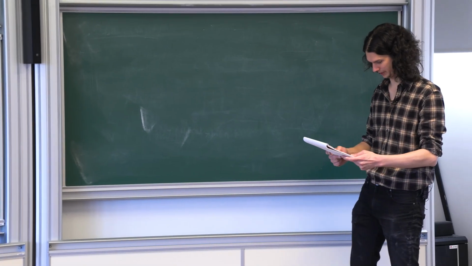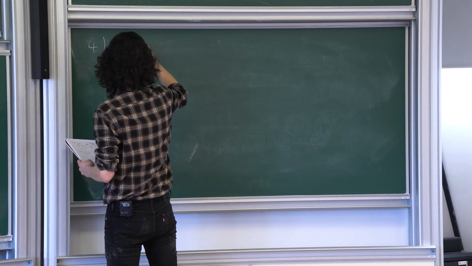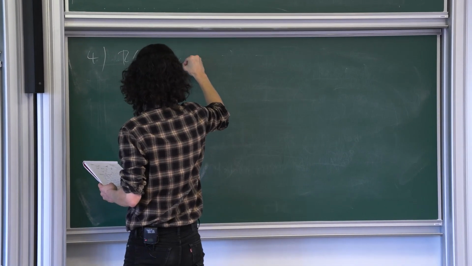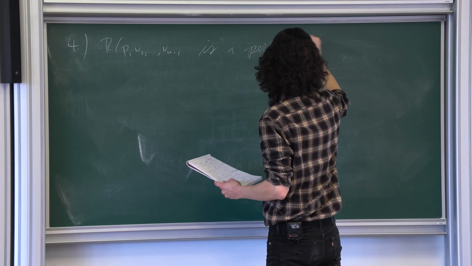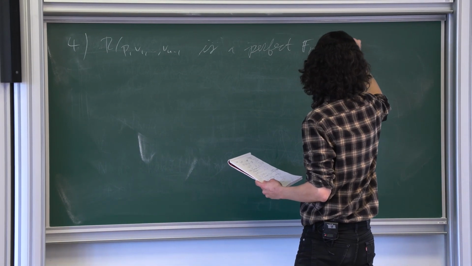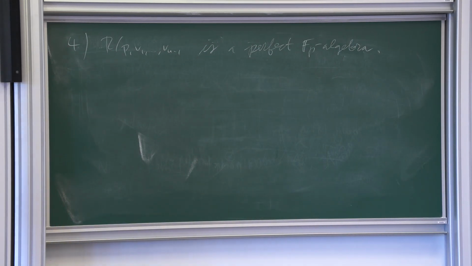Okay. The last condition is that R mod (p, V1, ..., V_{n-1}) is a perfect F_p-algebra, so the Frobenius is an isomorphism.